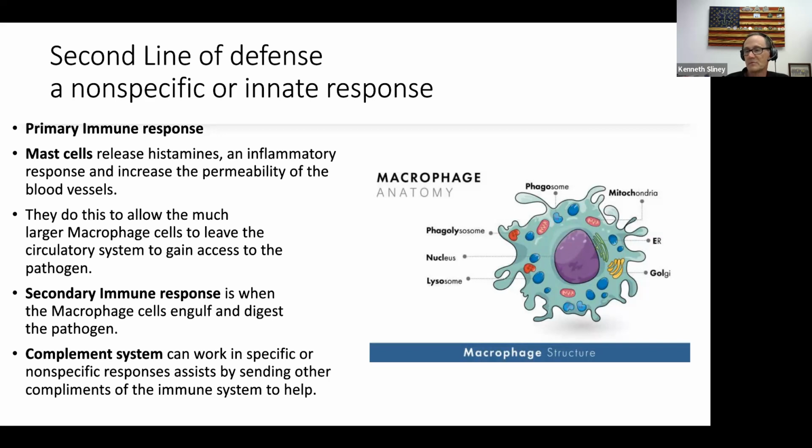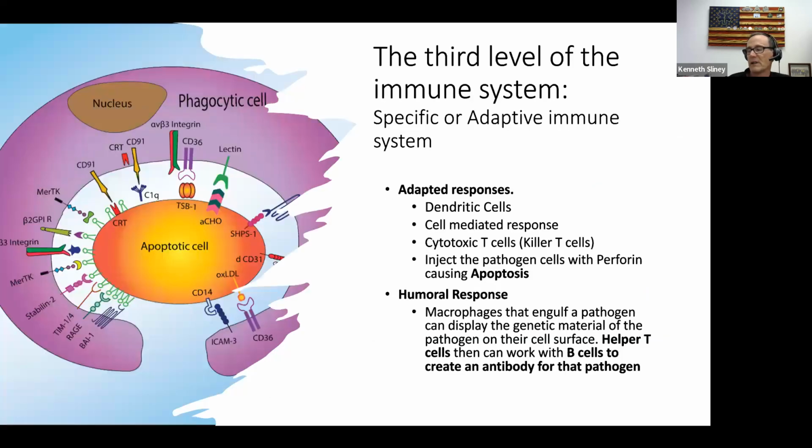You have to know that the complement system brings in whatever cell is needed, that the dendritic cells help make copies of the pathogen so that the humoral cells can create the antibodies. And remember, T cells kill the cells, B cells build the antibodies.